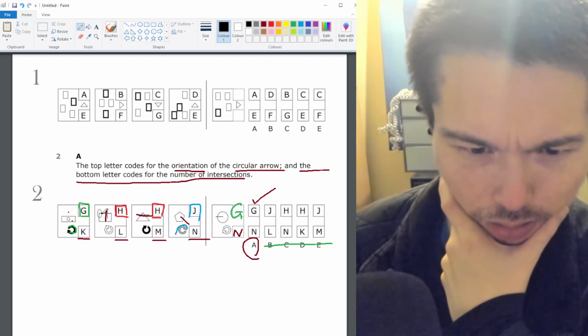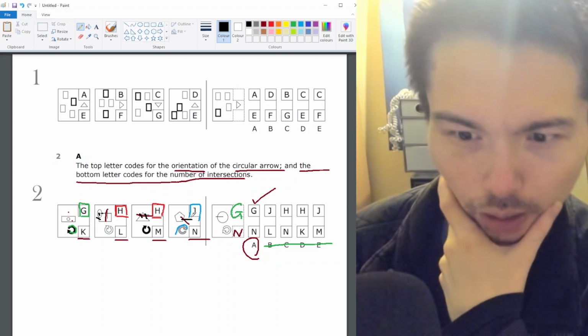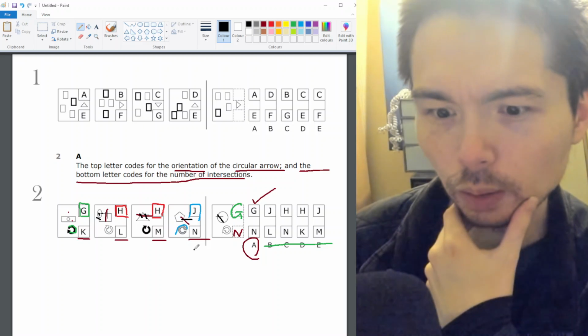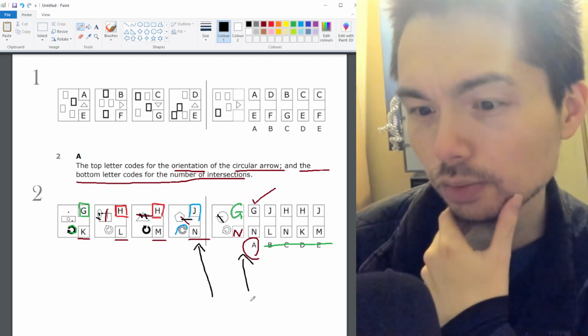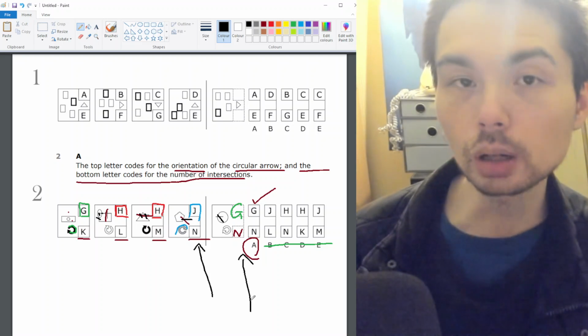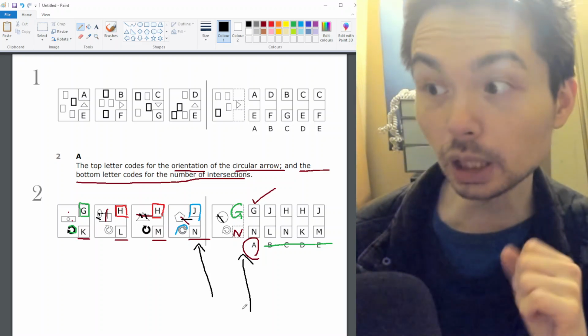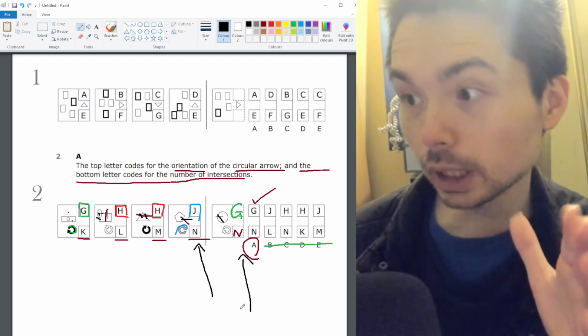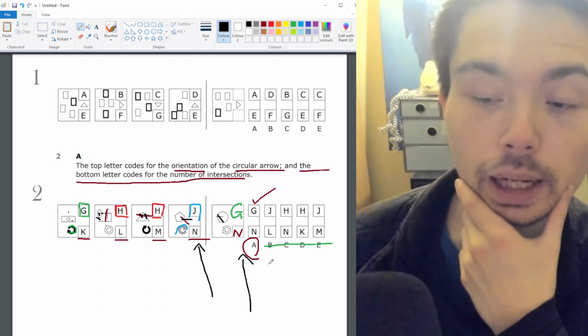L, it is 2. No, 3. M is 2. And that is 1. Wow, what a reason. That is so specific. Bottom letter is the number of times the line crosses the shape. I just thought it was the line. There we go. A is the answer.